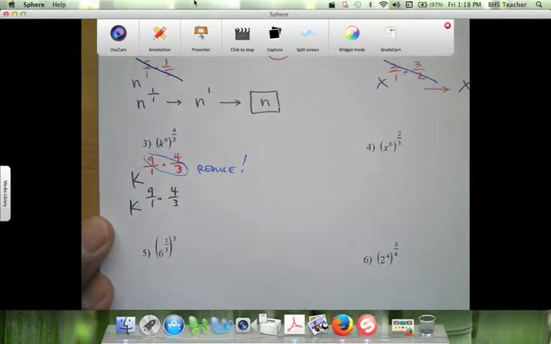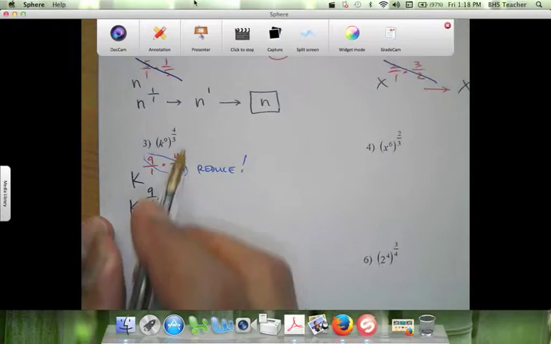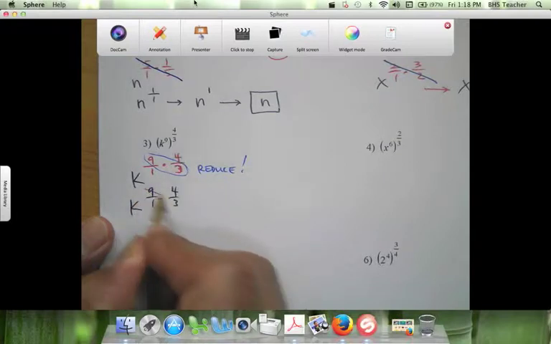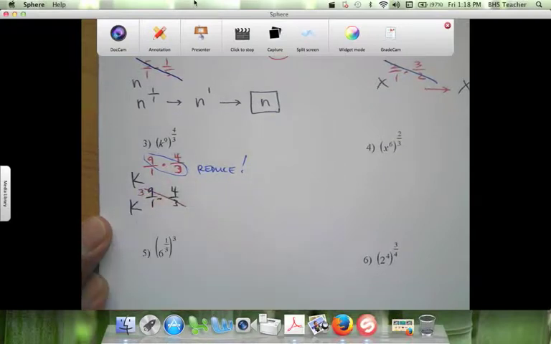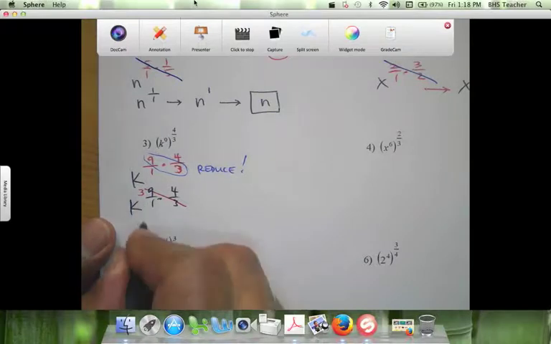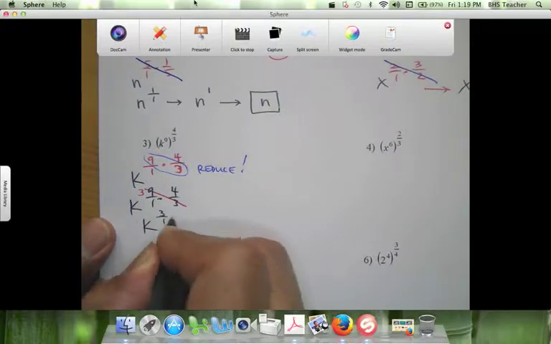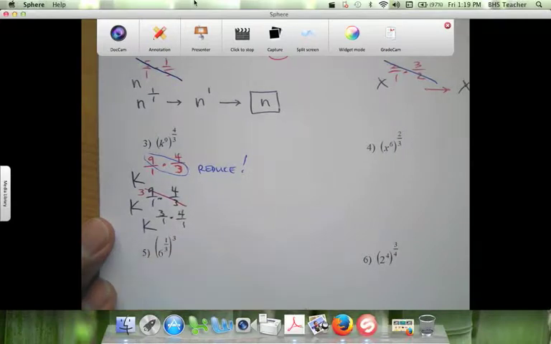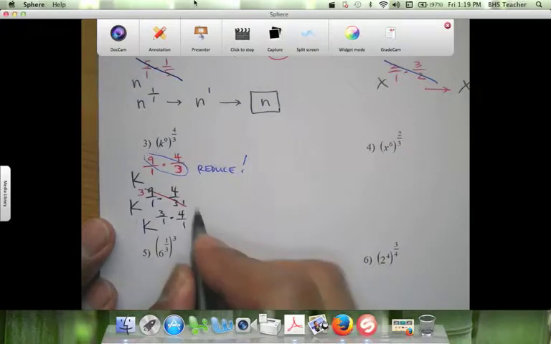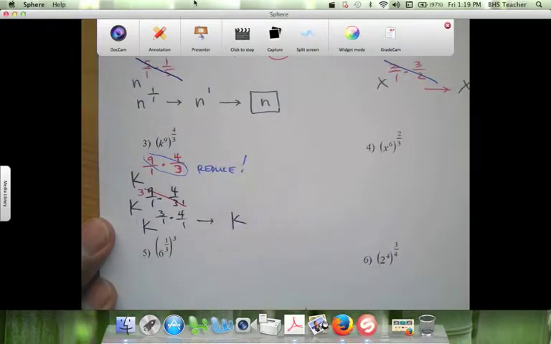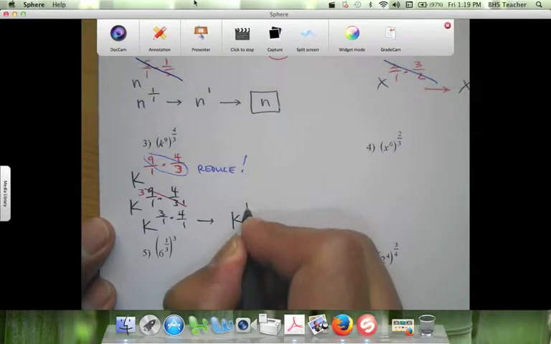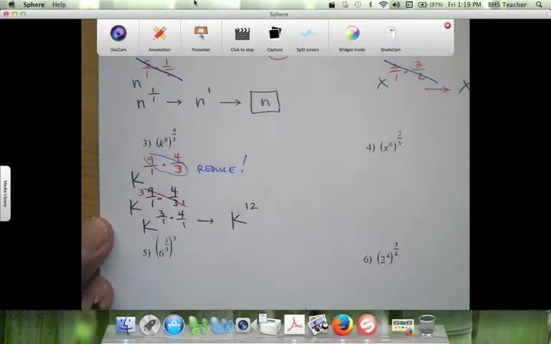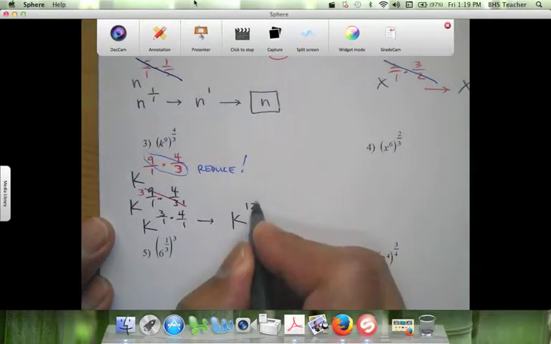They're going to divide, but not divide out. 9 divided by 3, you're left with a 3. So you're left with k, 3 over 1 times 4 over 1, right? That's going to be k to the power of 12. 12 over 1 is the same thing as 12. 3 times 4, 12.